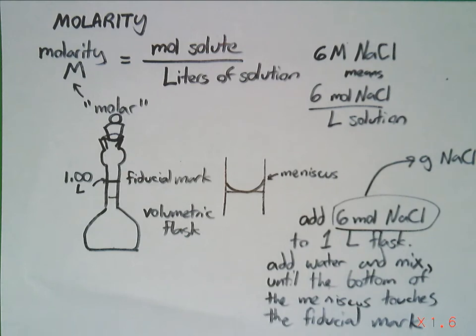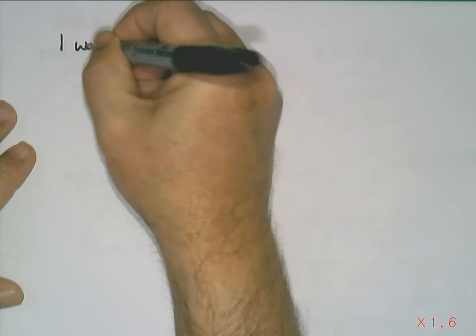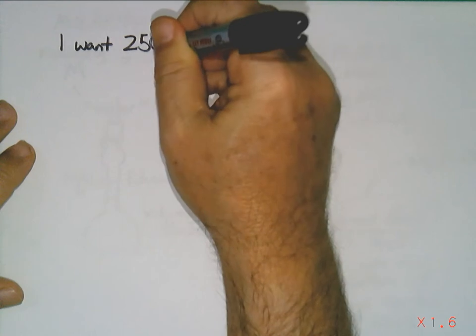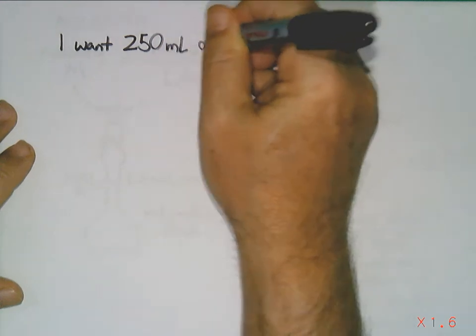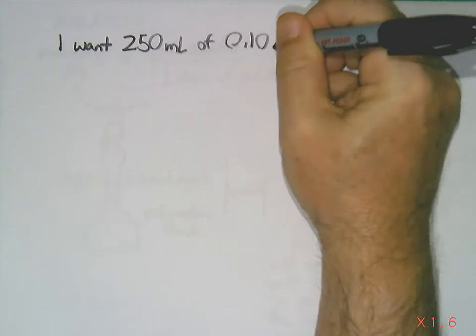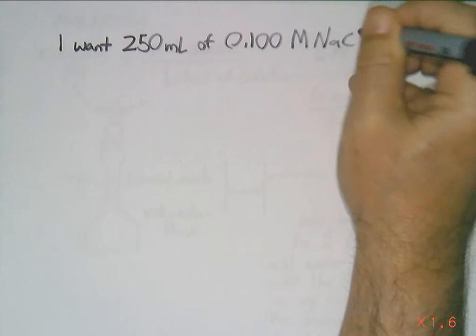Let's look at a slightly more complicated example. Suppose I want 250 milliliters of 0.100 molar NaCl.